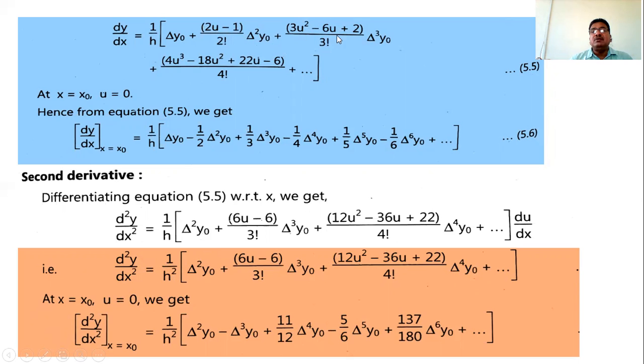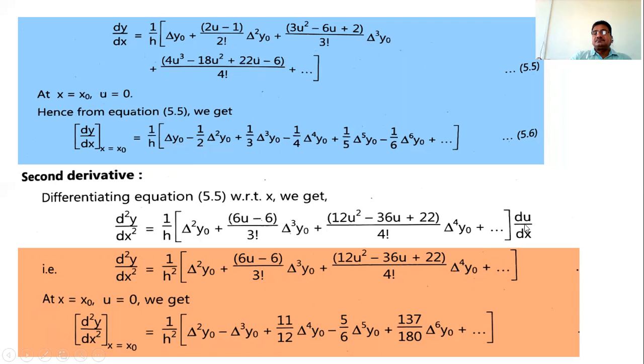Then the derivative of this quantity with respect to u is 6u minus 6 by 3 factorial delta cube y naught. In this way, the derivative of this quantity with respect to u is 12u square minus 36u plus 22 by 4 factorial into delta raised to 4 y naught, and so on, into 1 by h.